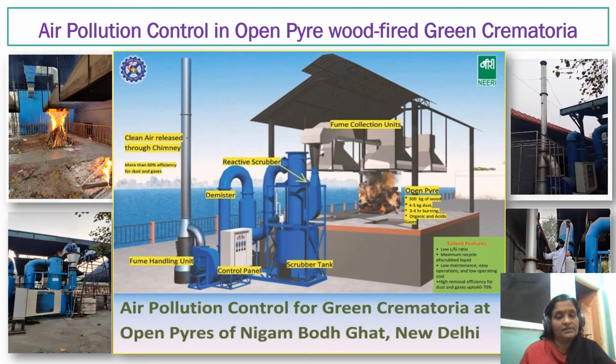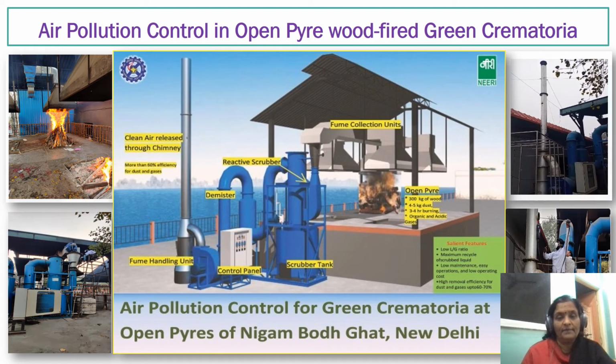The treated gaseous emissions are released through the chimney. The treatment given is wet scrubber and demister, followed by a reactive wet scrubber, where we can use various chemicals to reduce organic and inorganic emissions.